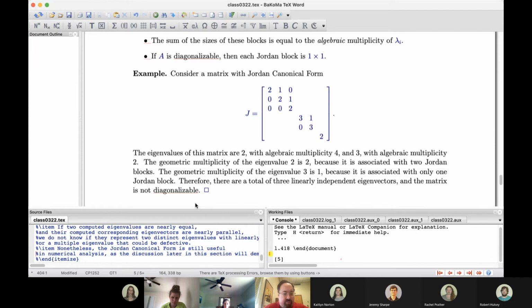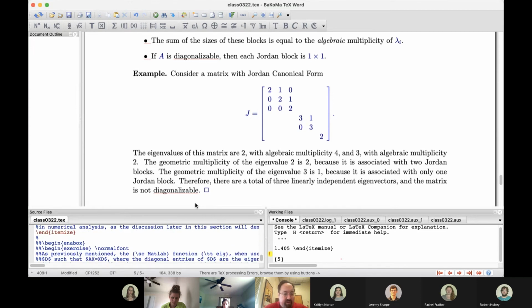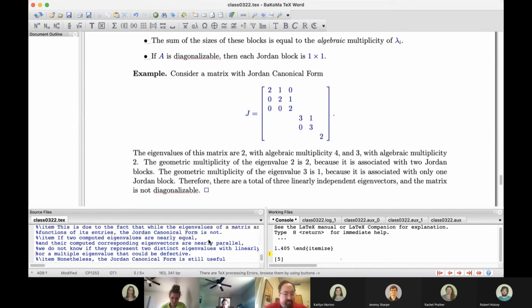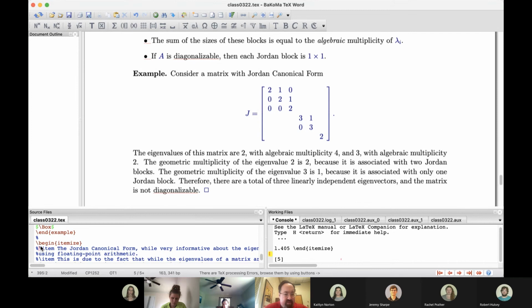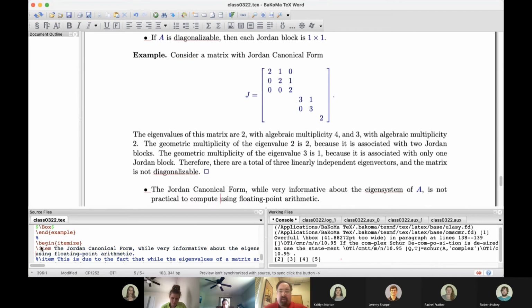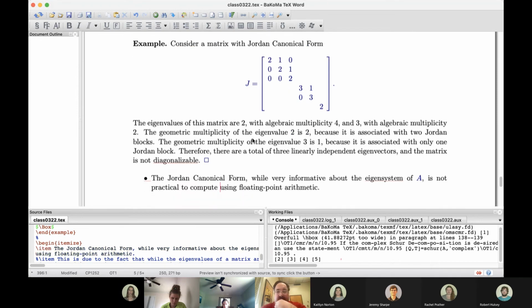The Jordan form is quite troublesome numerically. In fact, it's not advised to try to compute it using numerical algorithms at all.